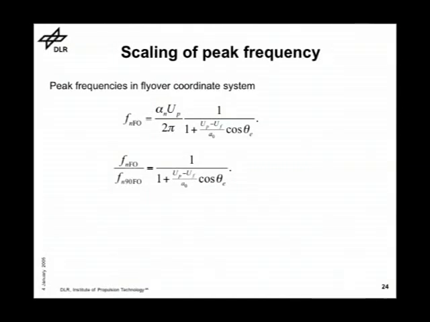So now I study the ratio. I can now determine a ratio of how the frequency changes with angle. So this is the peak frequency in the flyover coordinate system. And if I compare the peak frequencies at any angle with the peak frequency at 90 degrees, I get this relation.